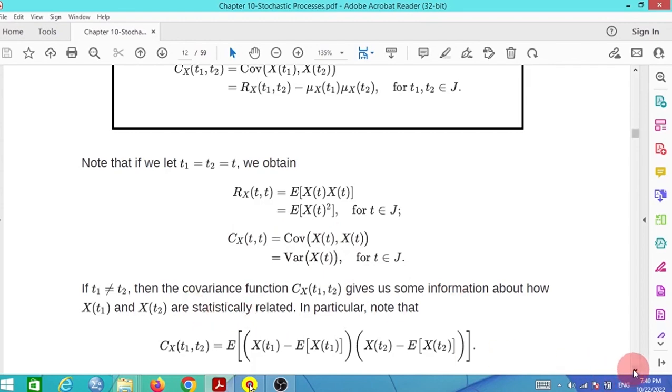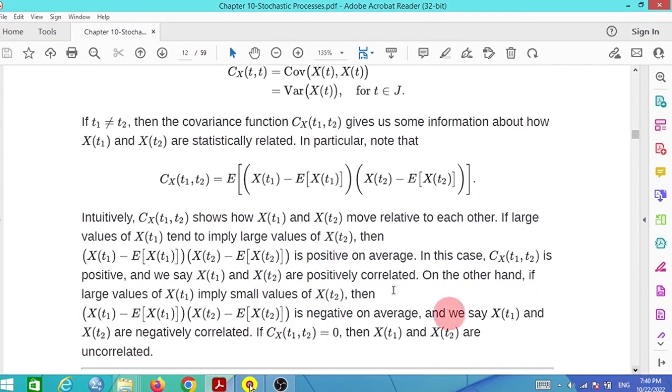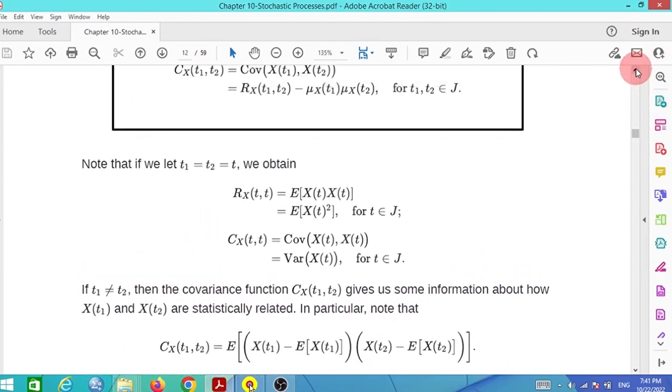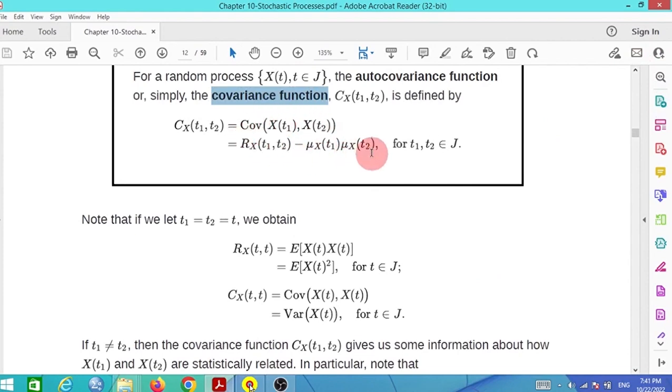By definition, if t1 is not equal to t2, the autocorrelation function can be defined by this, and if you multiply this by this and take the expected value, the expected value of the sum equals the sum, and for simplicity you reach this formula.